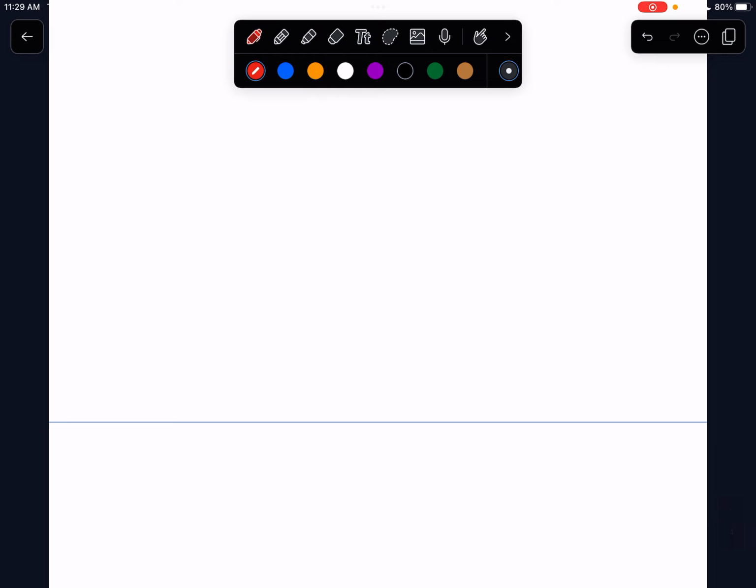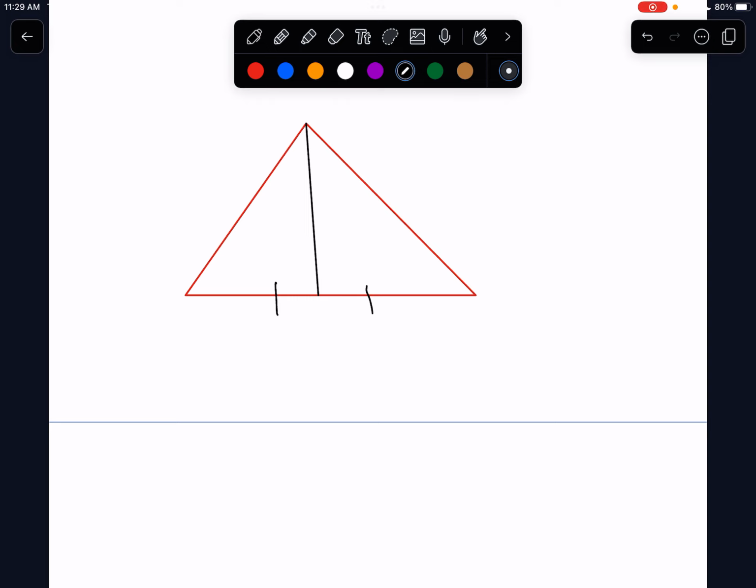Okay, what about another situation? So let's say we know that you have some line segment and you know it's a median and you know it's an altitude. You know it's an altitude and a median, both those things. Well, now we know for sure that it's an angle bisector. It's a perpendicular bisector, which it's already doing, right? Isn't it already perpendicular at the midpoint?